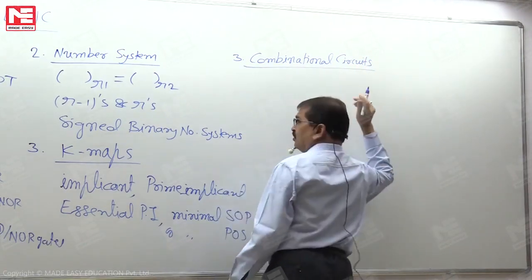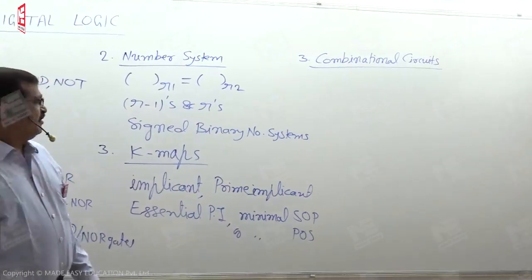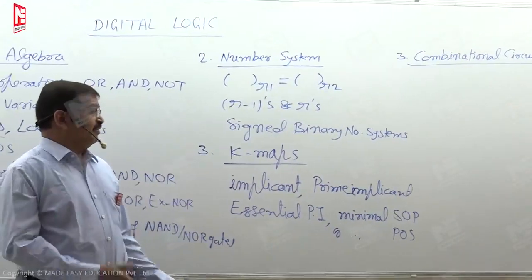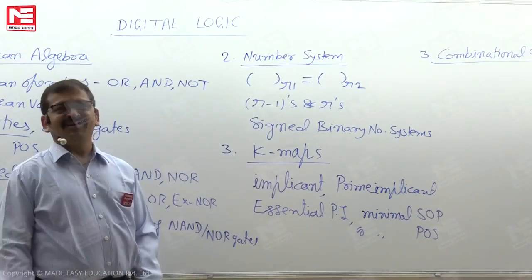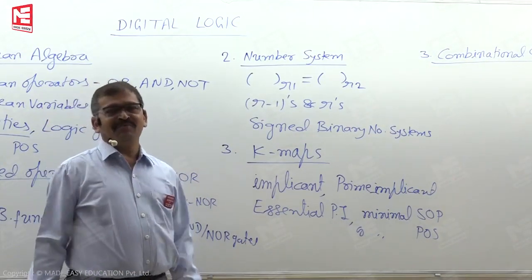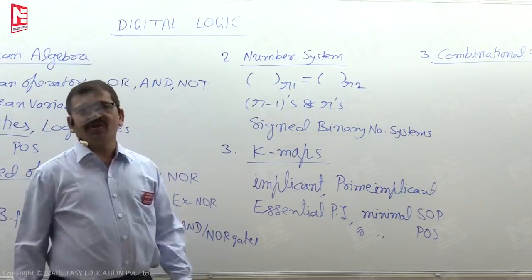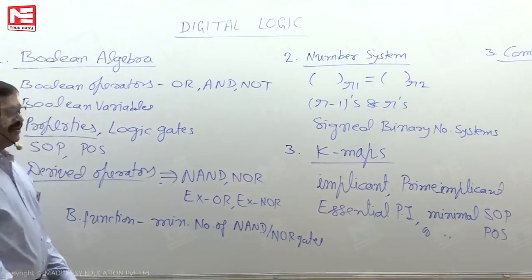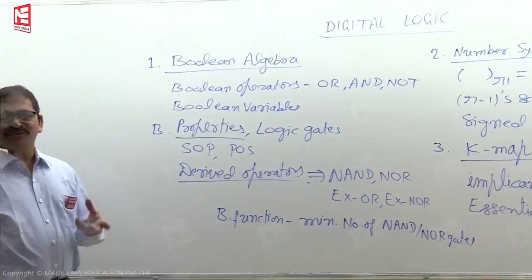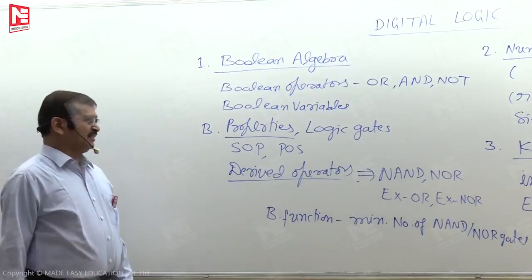Under this heading, we are trying to learn how to build a logic circuit, how to develop or design a digital circuit. Whenever we talk about designing a logic circuit, we need to use hardware components, and those hardware components are nothing but the logic gates.